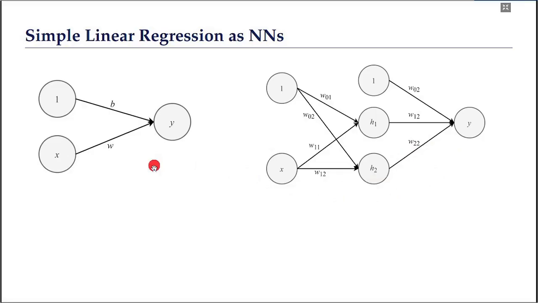So this single layer neural network or simple linear regression is represented as simply a 2-layer neural network model. Therefore here Y is 1 times W02 plus H1 times W12 plus H2 times W22.